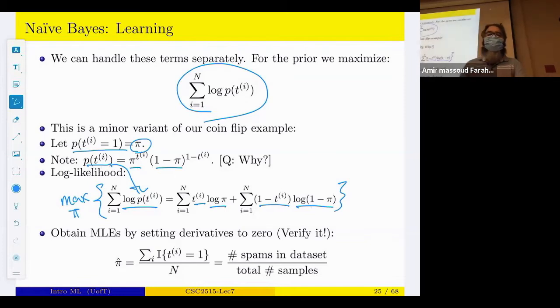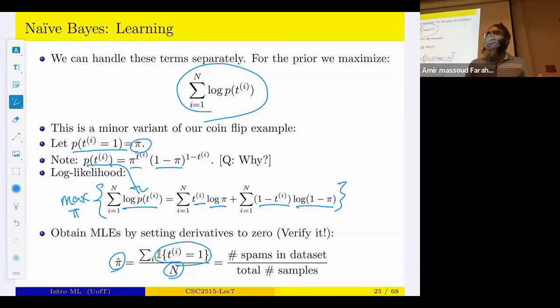And if we do it, and it's good to verify it, we get that pi hat, our maximum likelihood estimate for the prior, would be the summation of all Ti that are equal to 1 divided by the total number of data points n. Or in words, it would be the number of spams in the data set divided by the total number of samples in the data set.